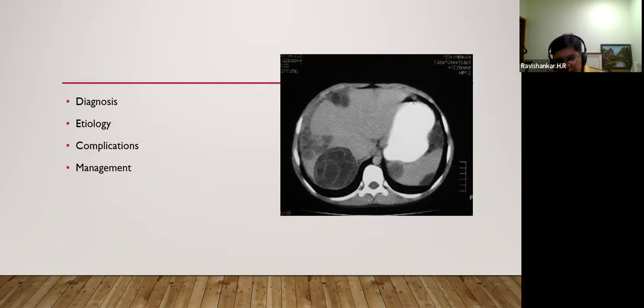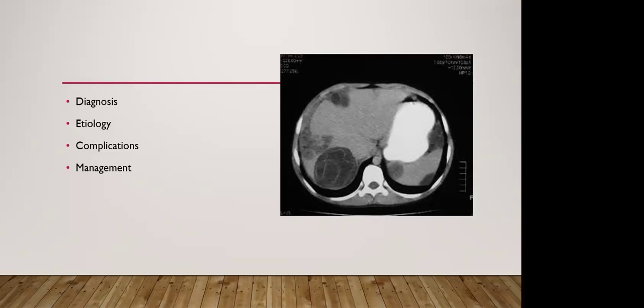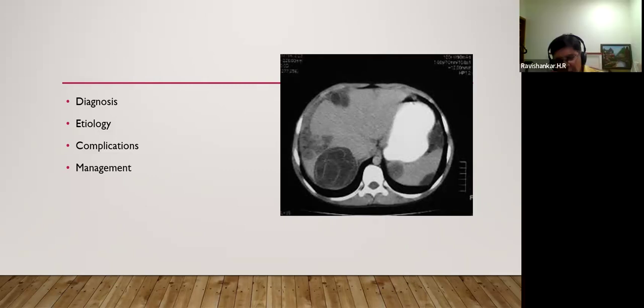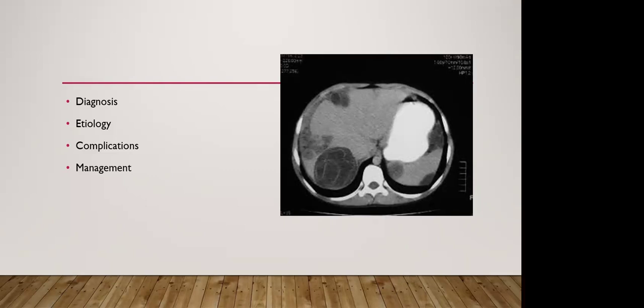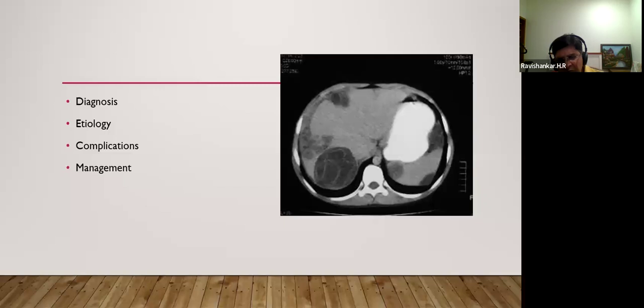This hydatid is described in the brain. Bone, it is described, right? Yes, sir. Liver, kidney, spleen, pulmonary, and into the bone. Sometimes even into the pericardium they can rupture, sir. Yes. If it is in the anatomic left lobe, it can rupture into the pericardium also, because it is just under the diaphragm.